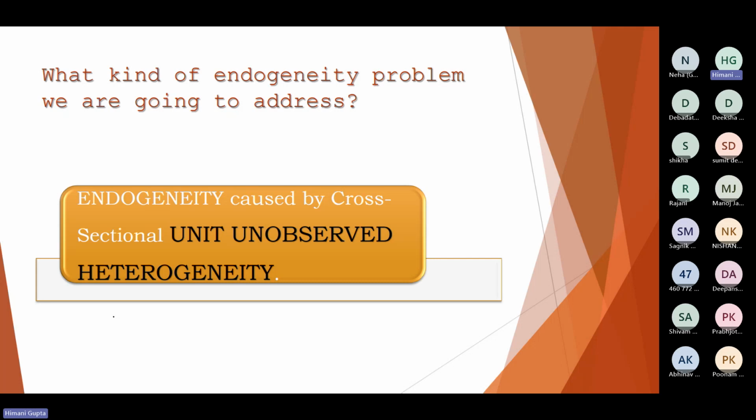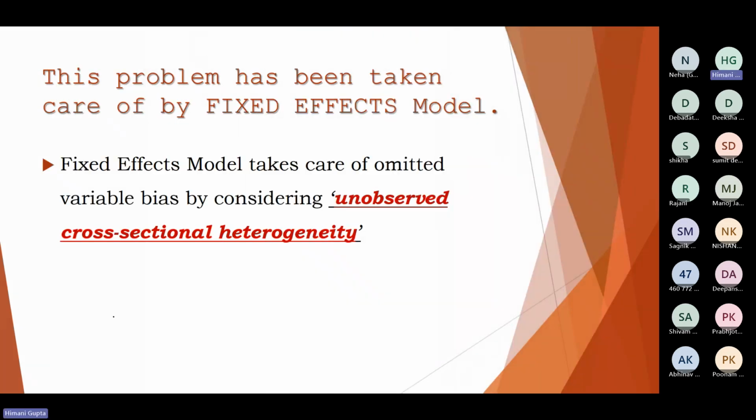So heterogeneity will be there. Even the ability of a person is also heterogeneity. My ability is different, your ability is different, some third person's ability is different. So it's different for everyone. So we are going to do it with the help of a fixed effect model. These fixed effect models that we are going to create will take care of your omitted variable bias by considering unobserved cross-sectional heterogeneity.